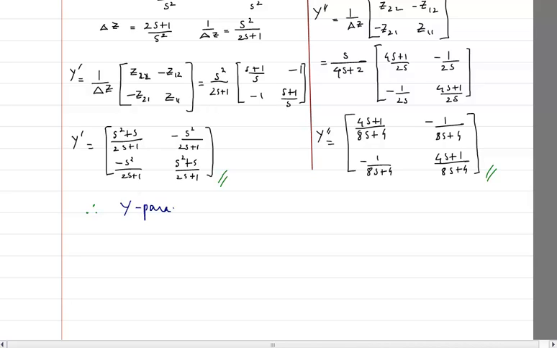Y parameter of the parallel connection, we all know that the parallel connection will be based on y dash plus y double dash, which I can add. Now we know that we can add up the individual components, and we can get the answer.